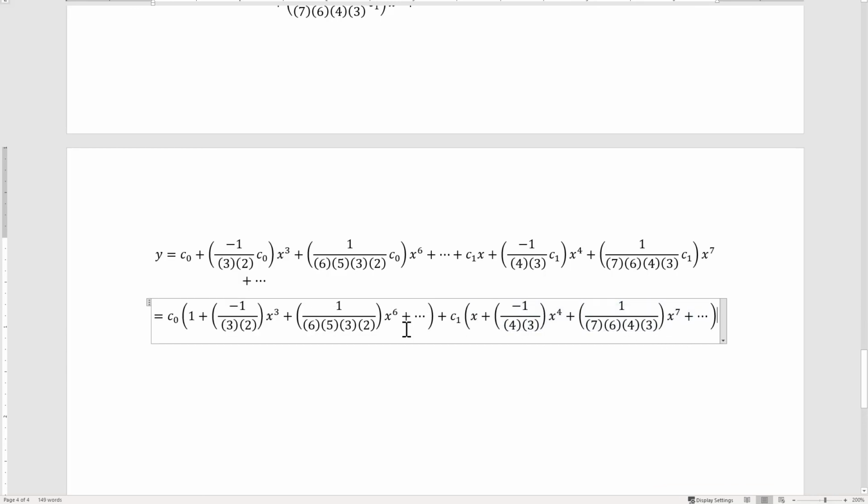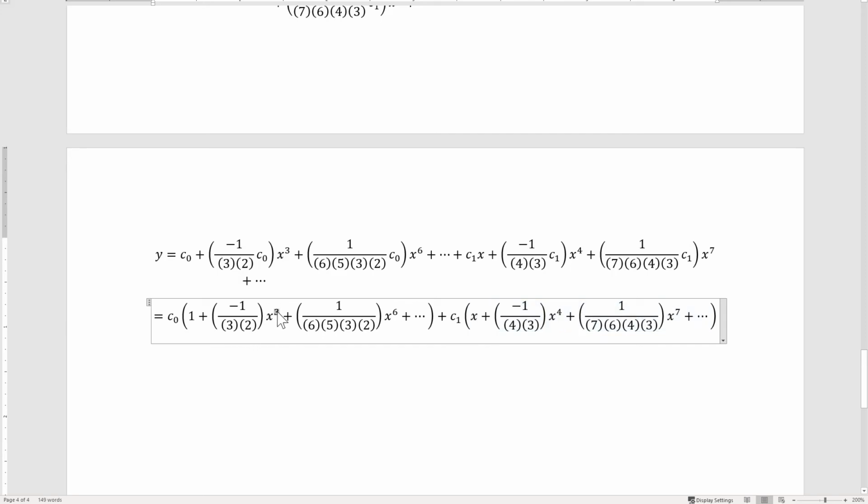So here we have our series. We have one series that starts with 1. That's going to be a 3x to the 3rd, x to the 6th. And then we have another series that starts with a linear term, and then x to the 4th, x to the 7th. So you can try to imagine what the pattern might look like. We have an alternating series.